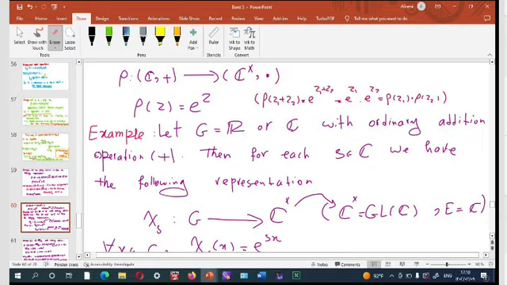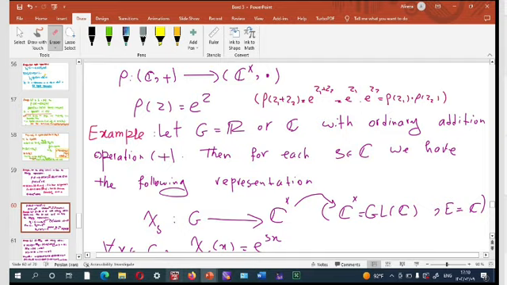Rho of z1 plus z2 equals e to the power of z1 plus z2, equals e to the power of z1 multiplied by e to the power of z2. But this is equal to rho of z1 times rho of z2. So this is a group homomorphism and this is a representation.